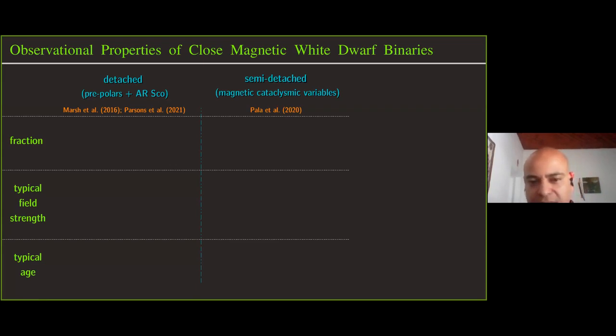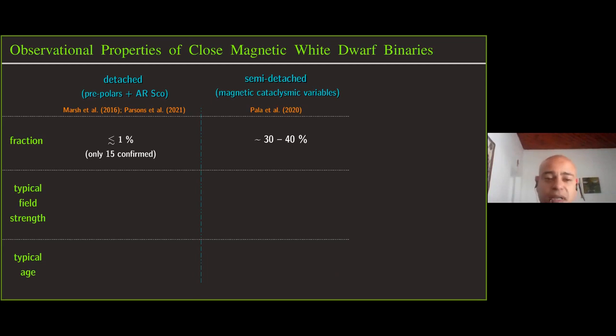As you know, we can separate them between the detached population and the semi-detached population. The detached population so far corresponds to the prepolars and AR Sco. And the semi-detached population corresponds to the magnetic CVs, mainly polars and intermediate polars. With respect to the fraction of the systems, with respect to the entire population, we have very different fractions.